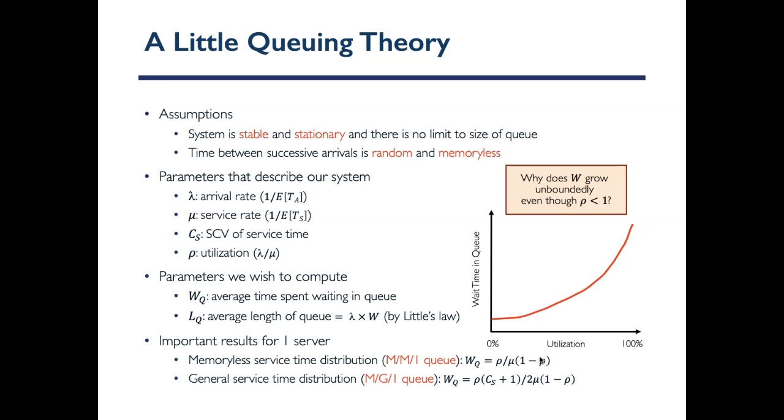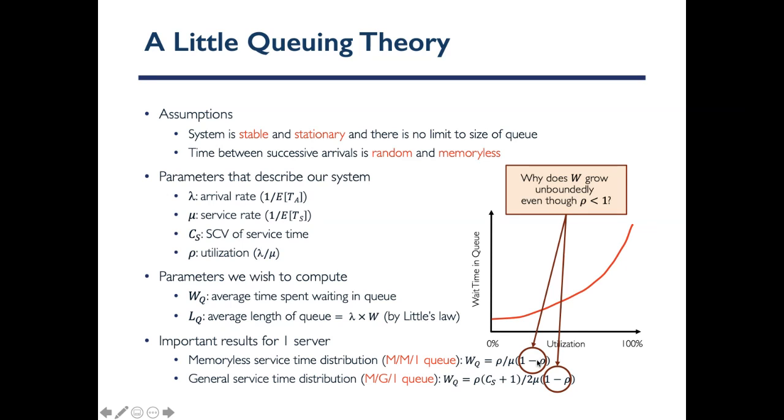And now let's go back to where we started and see if we can mathematically describe what is going on in this formula. If you see here, rho, or your utilization, is showing up in the denominator of both of these formulas. And as this denominator goes to 0, you can see that the wait time will go to infinity.